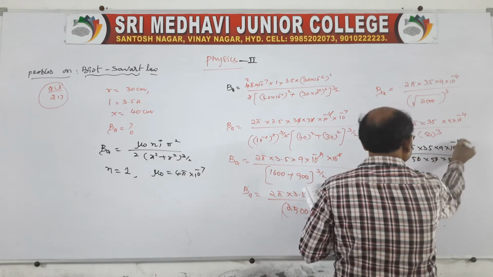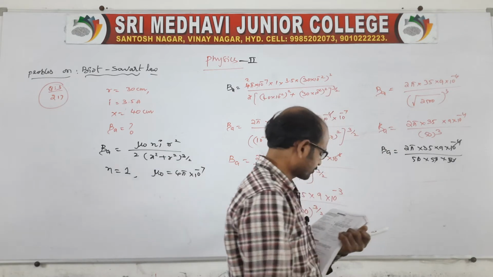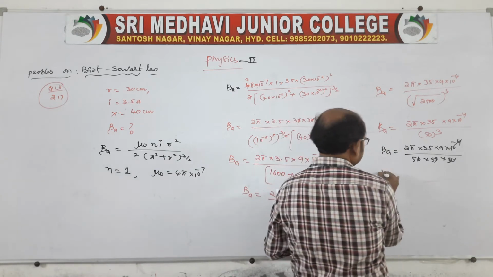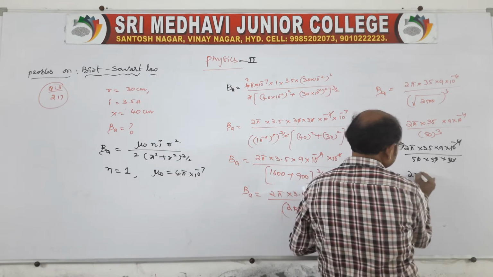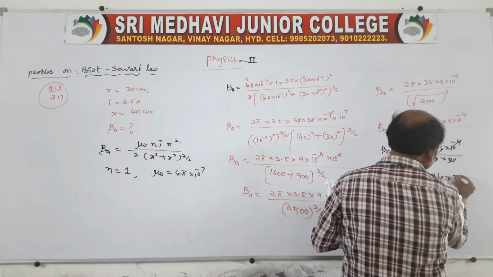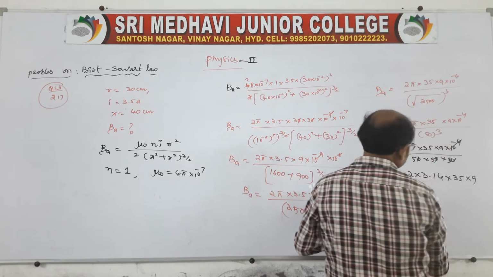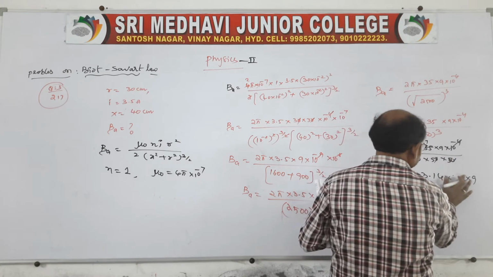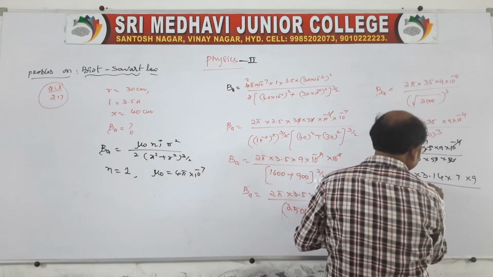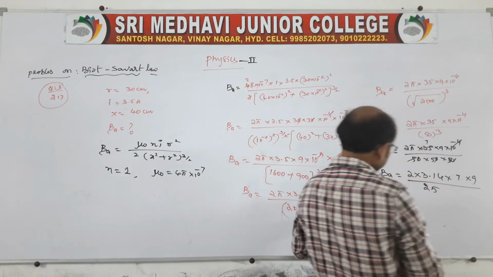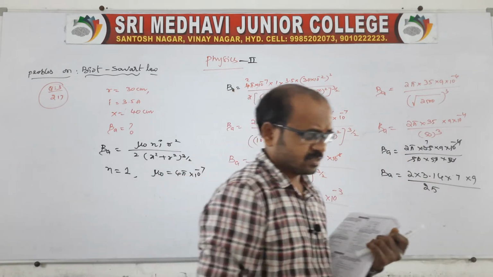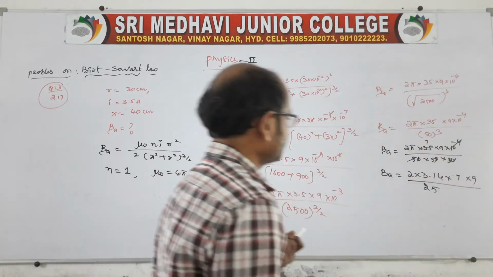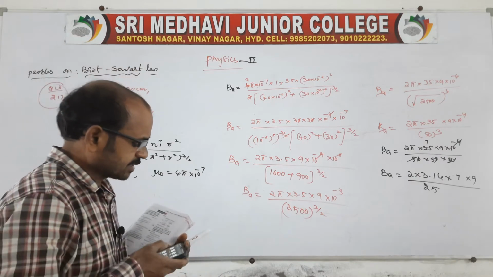So the zeros, three zeros, are cancelled. So that B axial is equal to 2 into 3.14 into 3.5 into 9 by, better you cancel, 5 sevens are 35, so it is 7 by 25. If you simplify this, you will get the approximate value. So you will get the given answer.